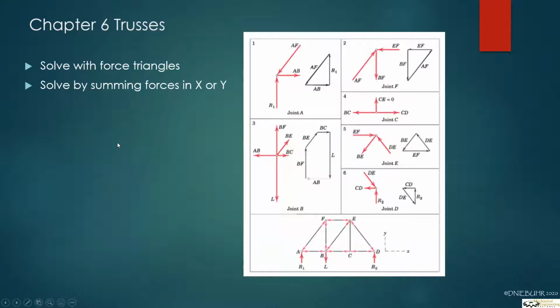Now, if you have a point that you're dealing with that only has 3 vectors, then you can set up a force triangle, and then using the ratio of that triangle, you can determine the ratio of those forces. So for example, in number 1 here, you have what would typically be a corner of a truss, where you have the reaction between the ground and the truss, and then you have a downward member and a horizontal member.